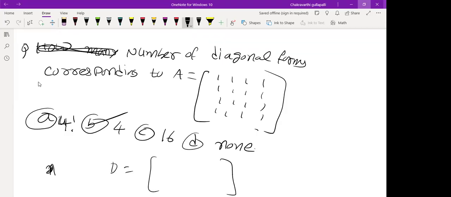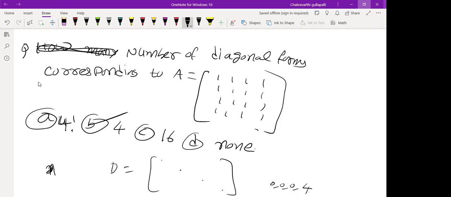Diagonally 4 places. We have to arrange the eigenvalues 0, 0, 0, 4. If they were 4 different values, they could be arranged in 4 places in 4 factorial ways. But they are not different.